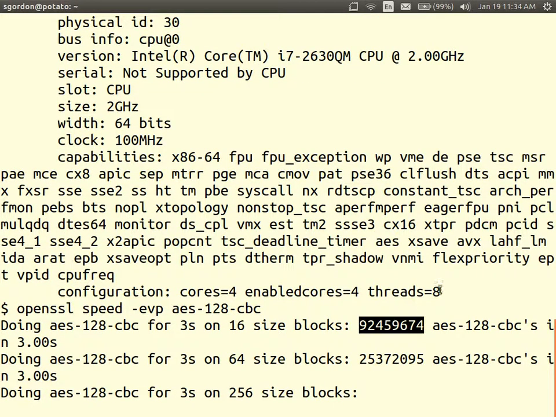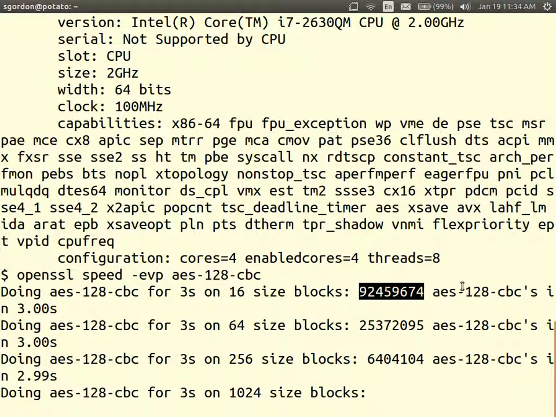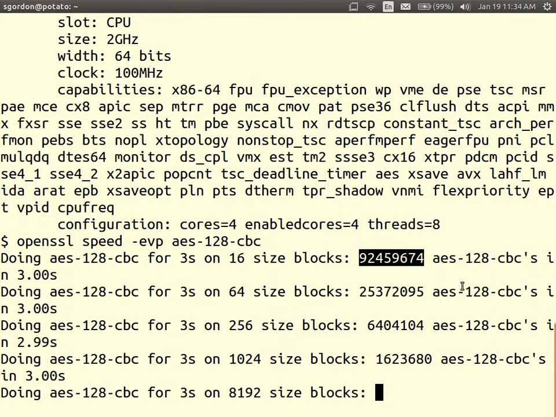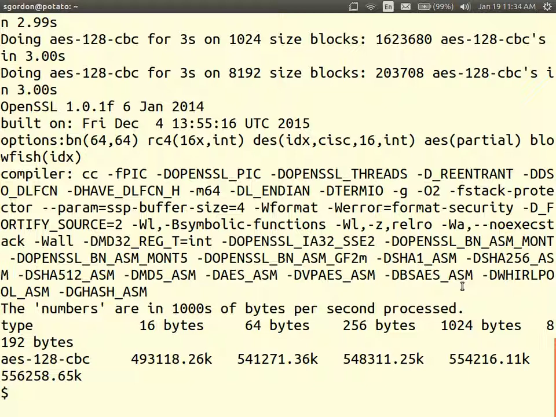What do we get? This number: 92 million. With the hardware encryption, my computer can do 92 million per 3 seconds, or about 550 megabytes per second.